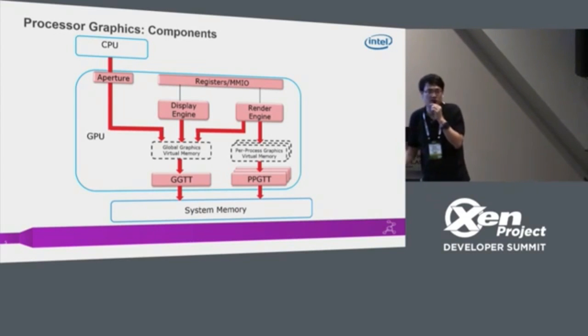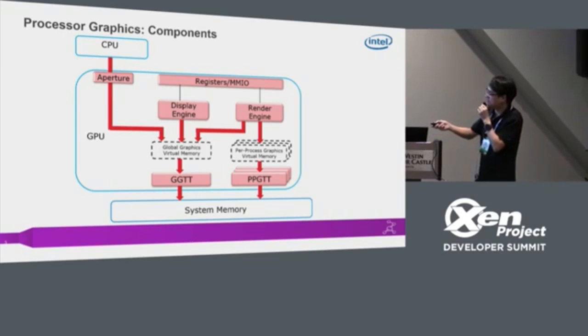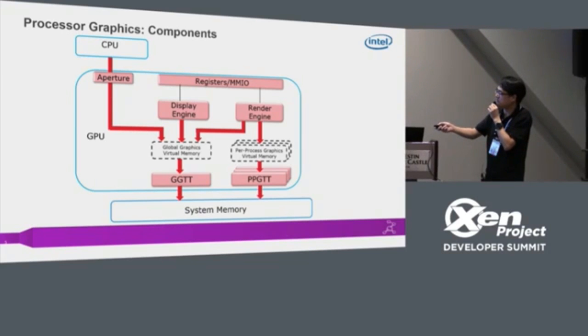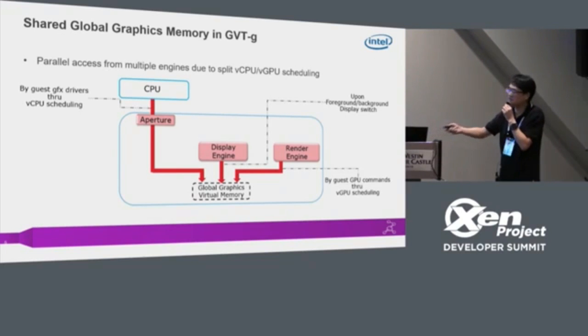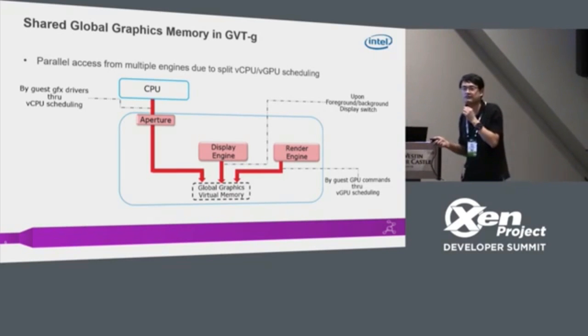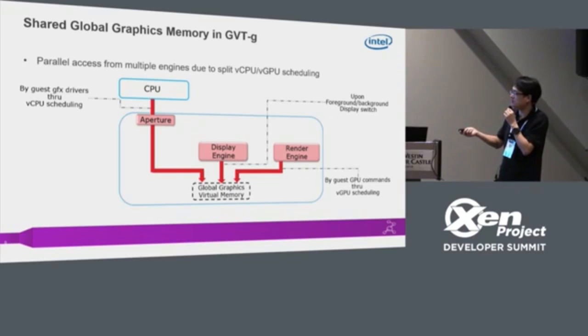So here come the problems. We have a single GGTT page table, but we have several components accessing it: the CPU access, the display engine access, and the render engine access. So we have several components accessing the GGTT in parallel, and on native it's okay because there is no virtualization support.